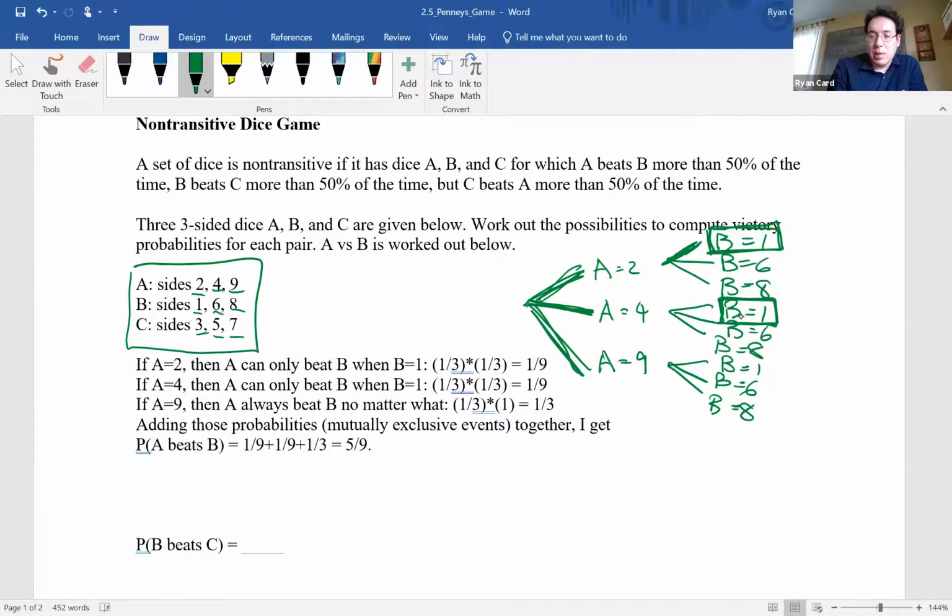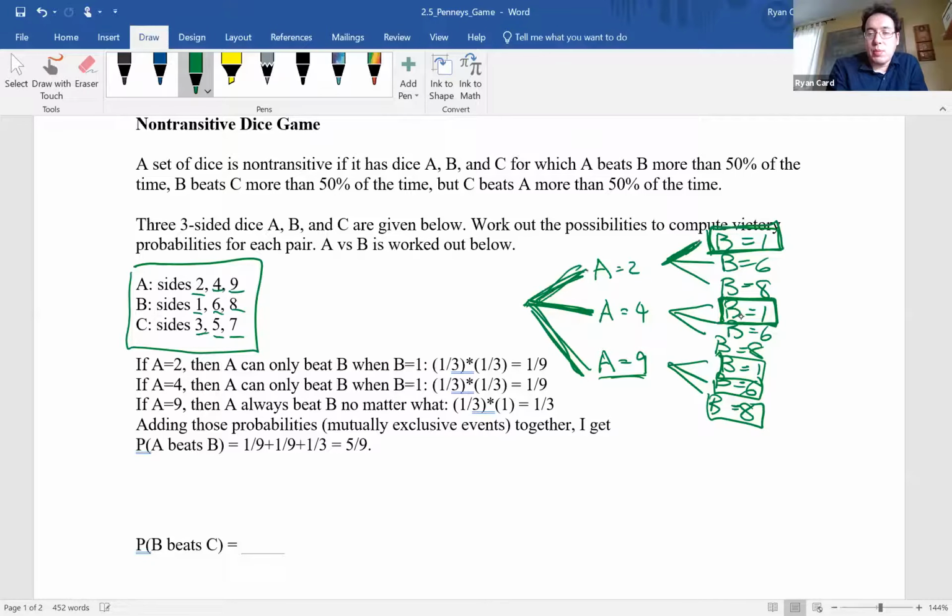So that's a possibility. If A is 9, that's the highest number on all three of these dice, so it doesn't matter what B happens to be. In all three cases, A wins.